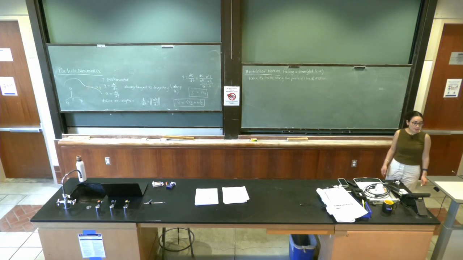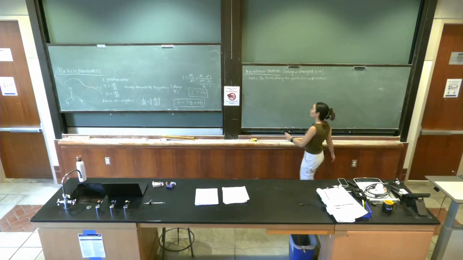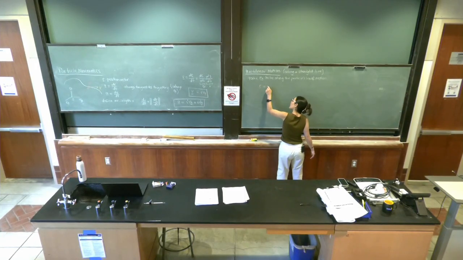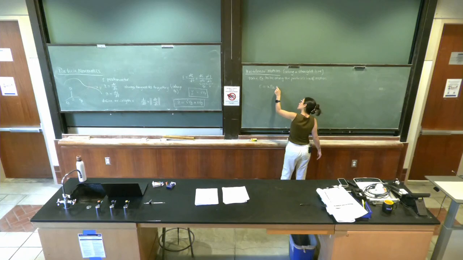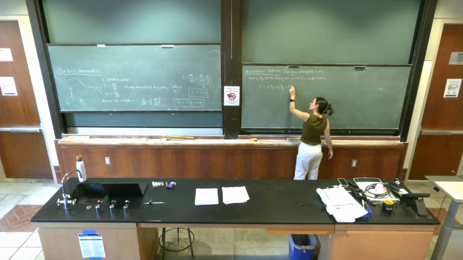So in general, I can express the position vector of the particle r in terms of x ex plus y ey plus z ez, right?